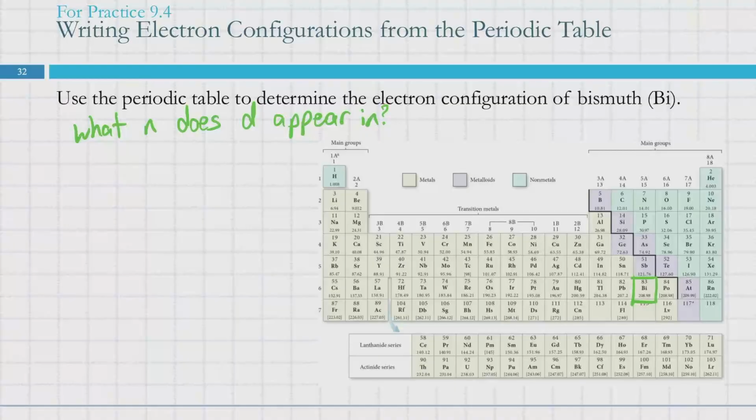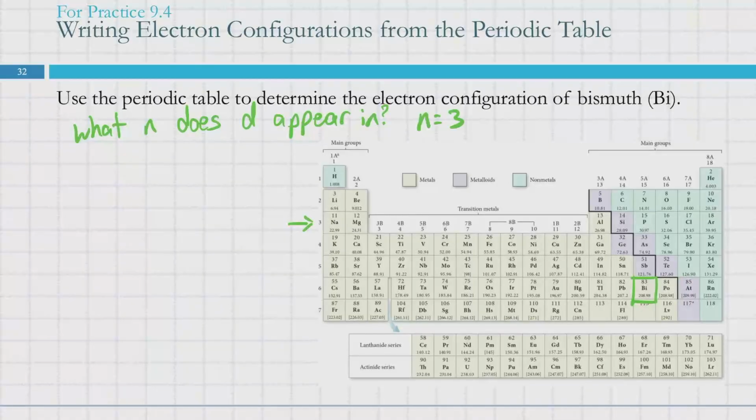It's not 5? D has 5 orbitals. It's got 5 different shapes. D is represented by L equals 2. Where's the first time, the lowest n number, that L equals 2 is valid? 3. So you might expect, if we're looking at our third row, well, there's no D orbitals there.